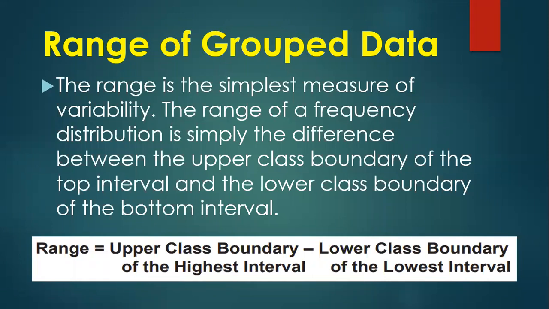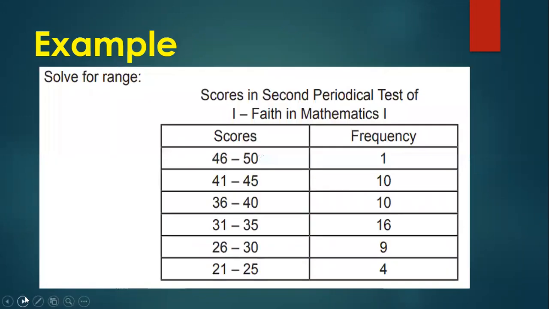So let us have an example. I have here a table: scores in the second periodical test of Grade 1 in Mathematics 1. The class boundaries are 46 to 50, 41 to 45, 36 to 40, 31 to 35, 26 to 30, 21 to 25.